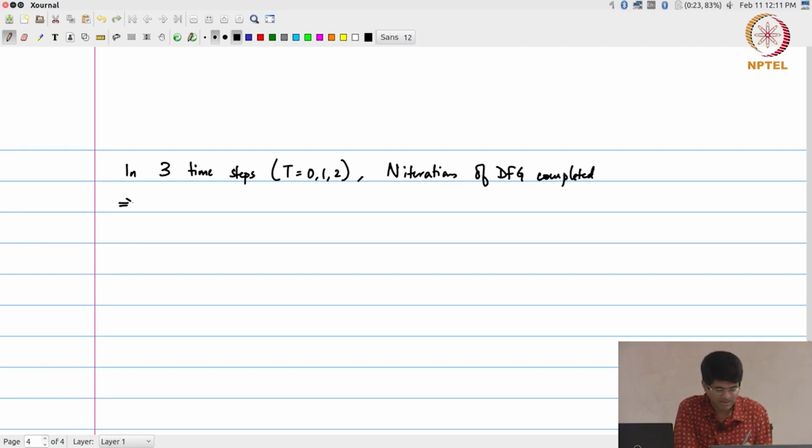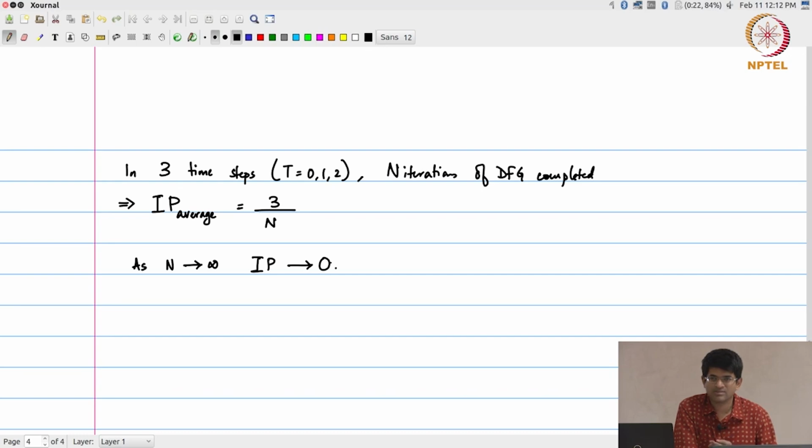So the average iteration period equals 3 divided by n, so as n tends to infinity, the iteration period tends to 0.